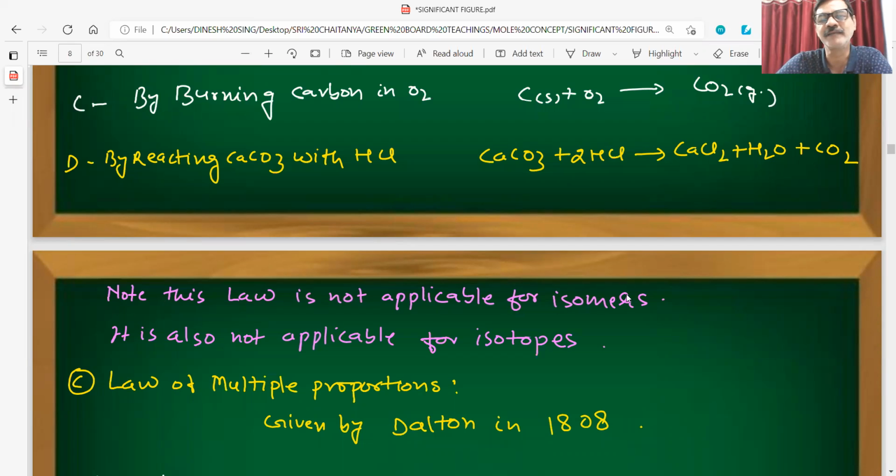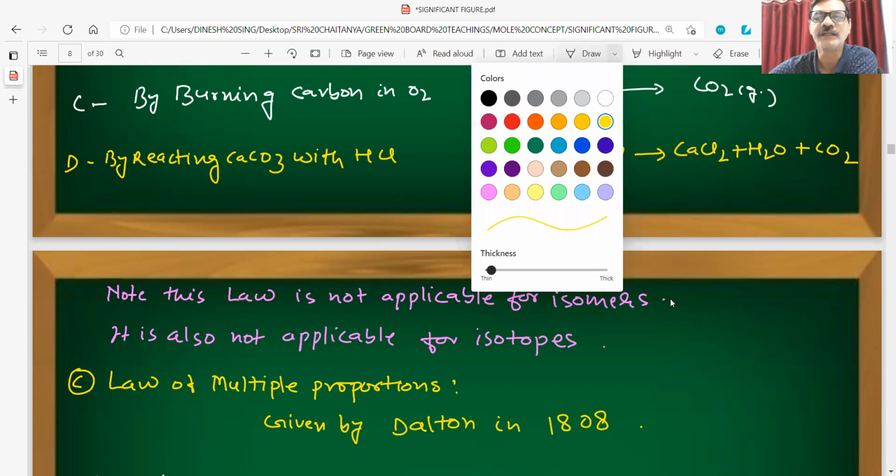And again, just see, this is a very important point. Note, this law is not applicable for isomers, because isomers are what? Compounds having same ratio of atoms, but their structure will be different, their physical and chemical properties will be different. For example, we have ethyl alcohol, C2H5OH.